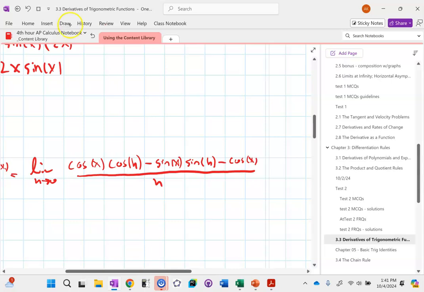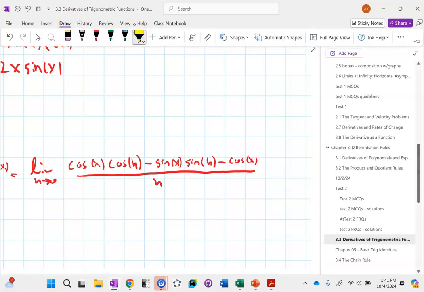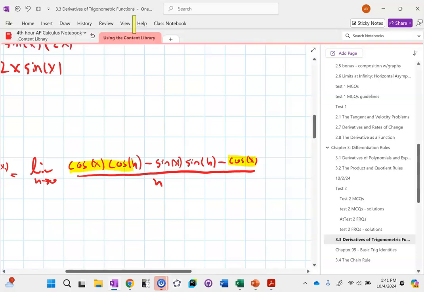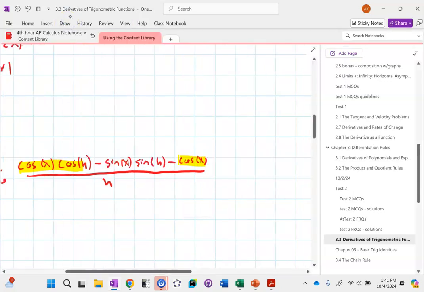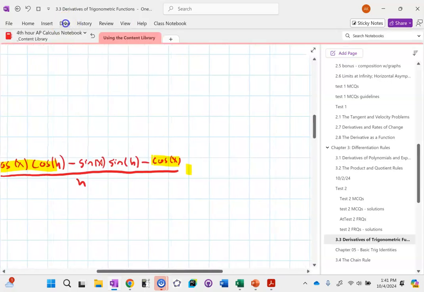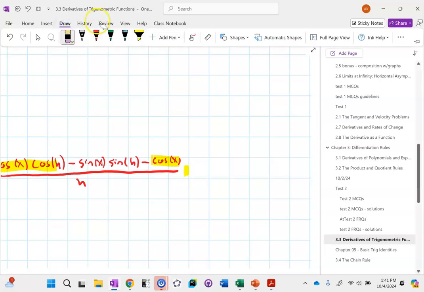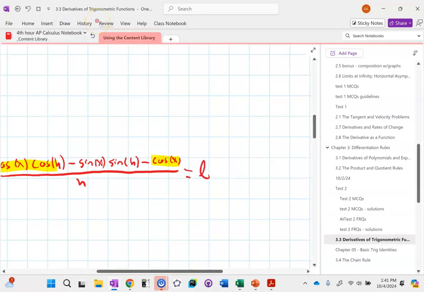And I'll do the same thing. Which two terms should I group together? The two with the cosine x's together, right? Ugh, come on now. I've picked that like three times. So we're going to have, let's do all the factoring and everything all in one shot here.